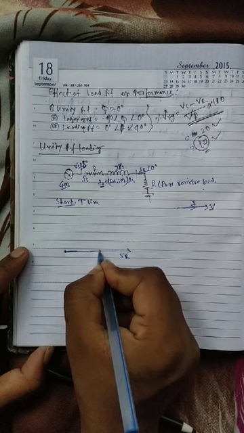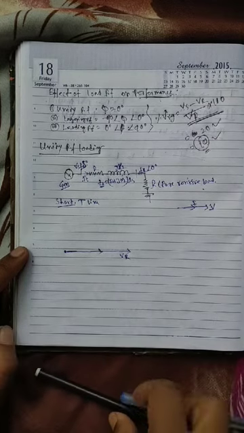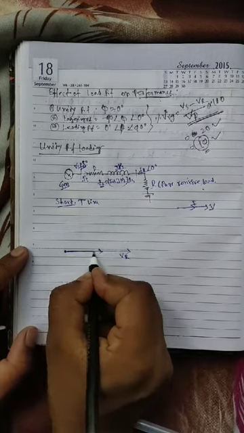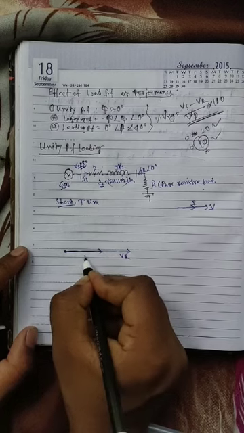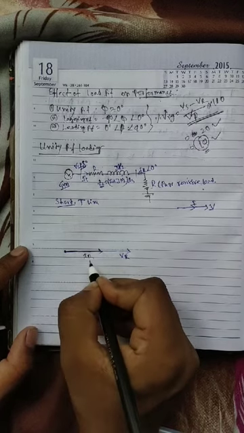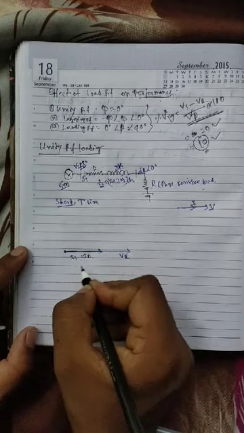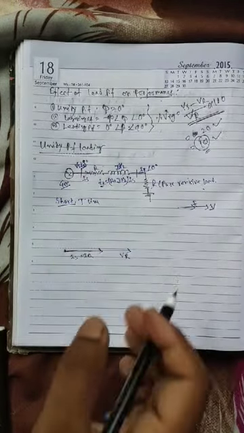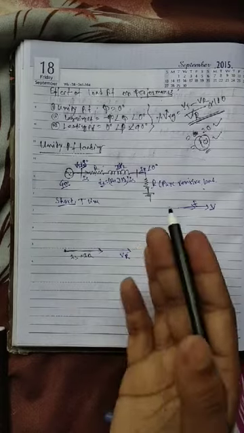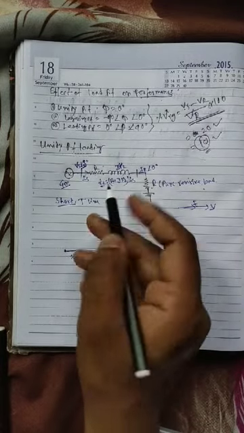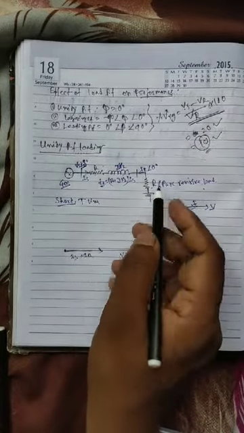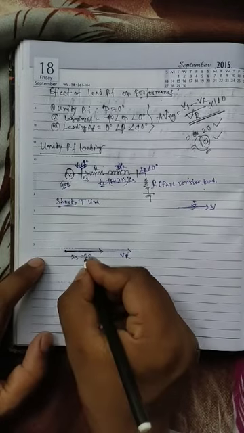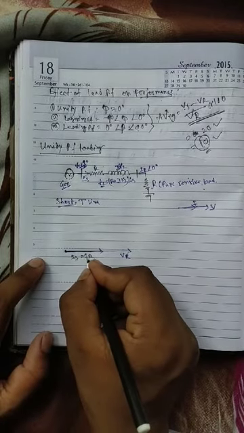I take this as IR or IS, because in a short transmission line the loss is negligible, very small. So the sending end current and receiving end current are both the same. You can write IS equal to IR.